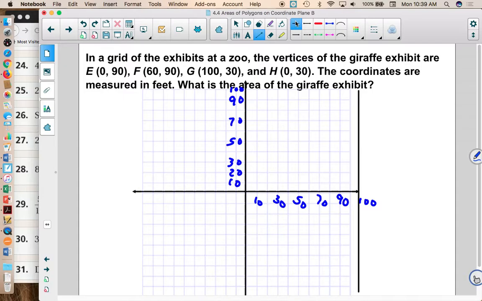Okay. So I need a point at 0, 90. I need a point at 60, 90. I need a point at 130. And I need a point at 0, 30. And then I need to draw my lines.